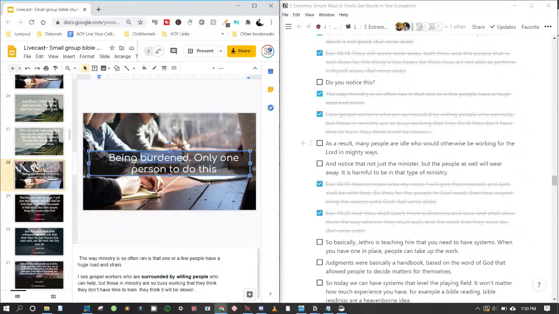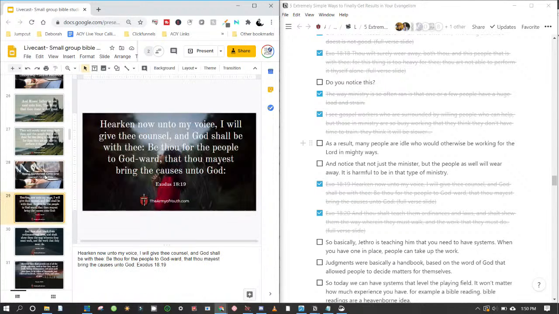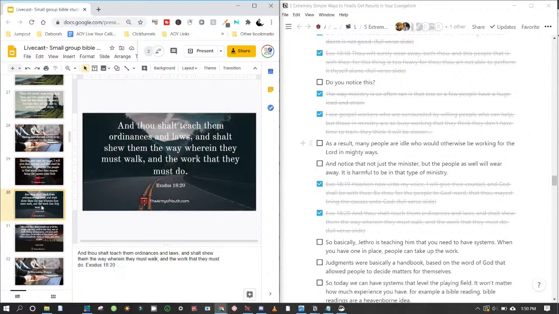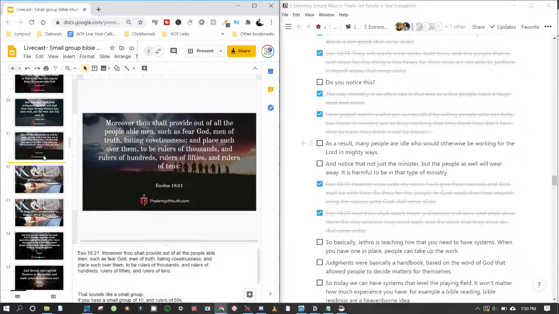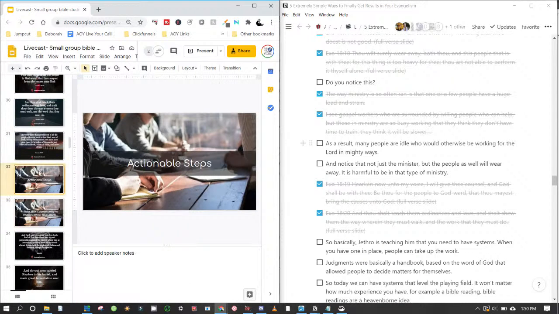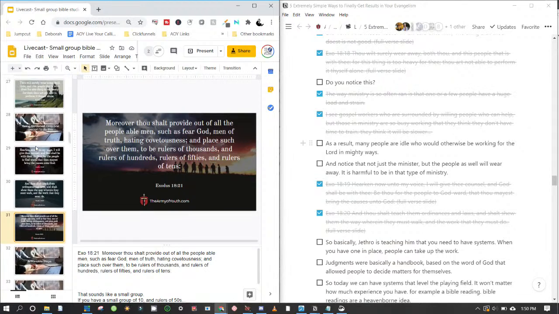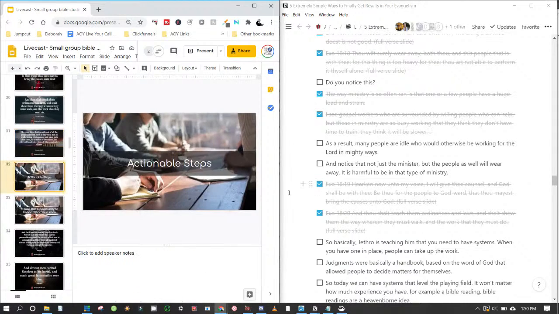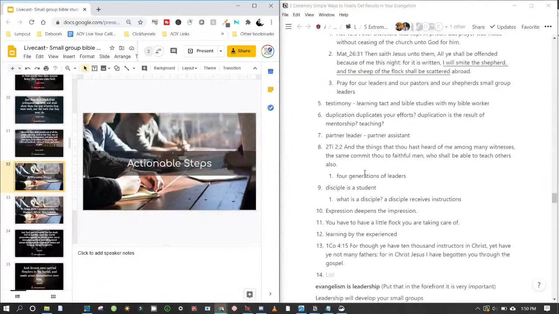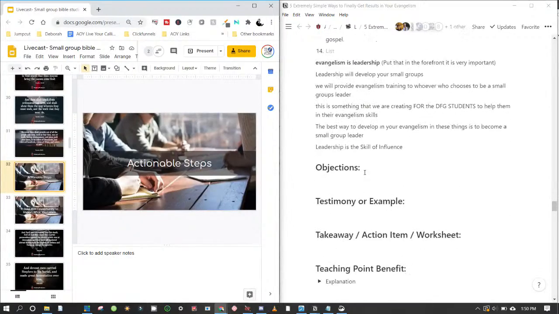Being burdened, only one person to do this. I don't know how that got on there, but hearken now unto the voice. Out of Exodus. There's actual steps. Anytime you see actual steps here, you could go down to the, oh, there's no action items there?